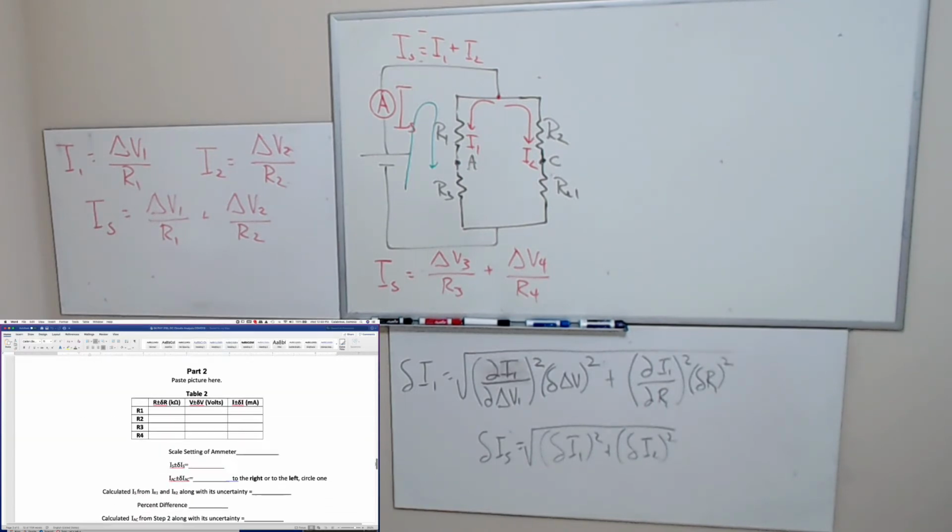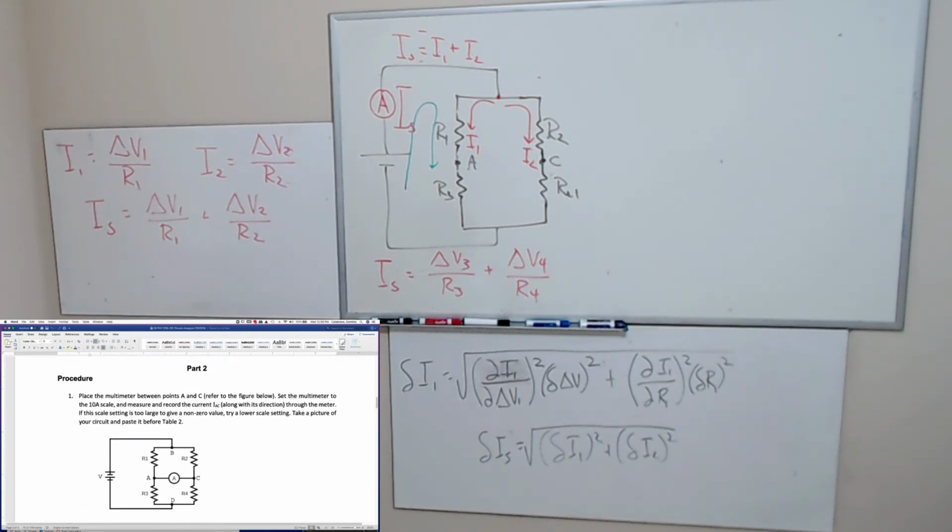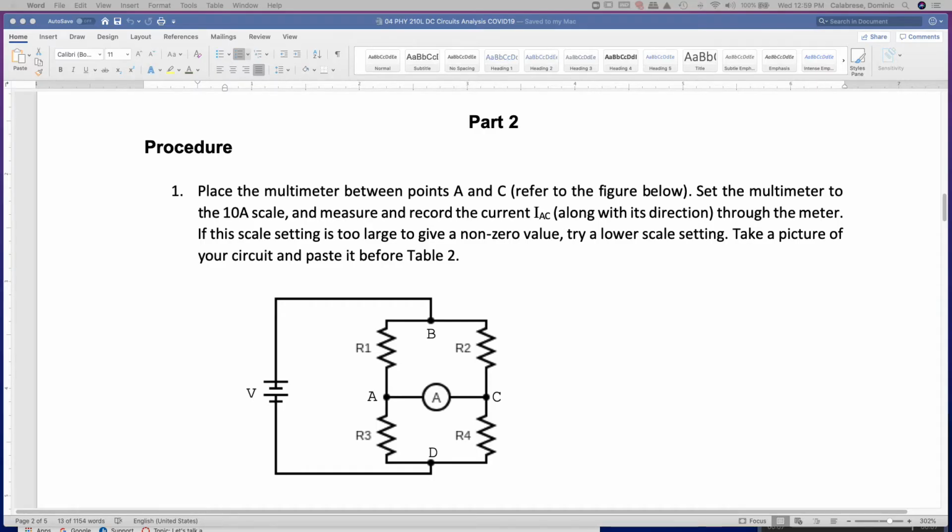So the second part of the lab, and we analyzed this circuit too in class. And again, if you don't remember, go to the video and watch the solution to this problem. We're going to put an ammeter between points A and C. And you're going to have to keep the ammeter between points A and C during the entire measurement, because by putting the ammeter between points A and C, you've changed the circuit.